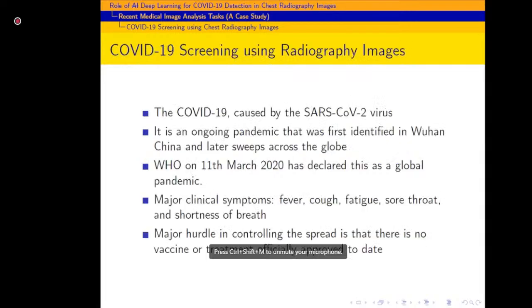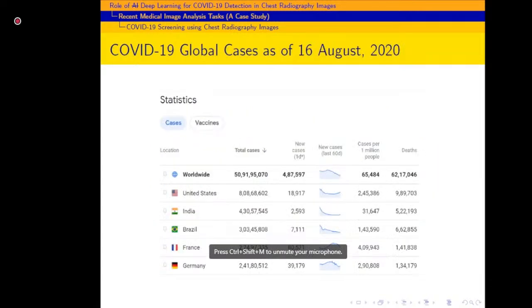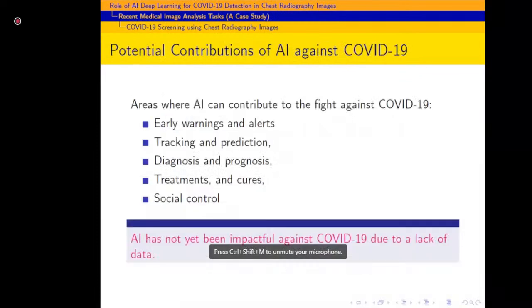So I'll not talk about the importance of COVID-19 screening, the history, the literature, when it was declared a global pandemic, from where it started, what the virus name was, what the symptoms are. These are all things which we all know, as we all have experienced this.